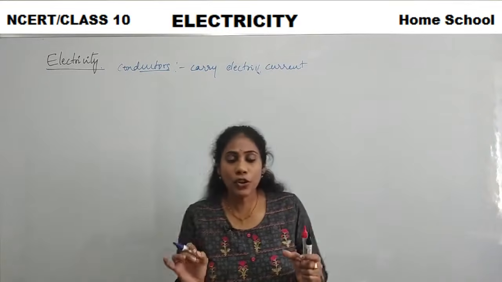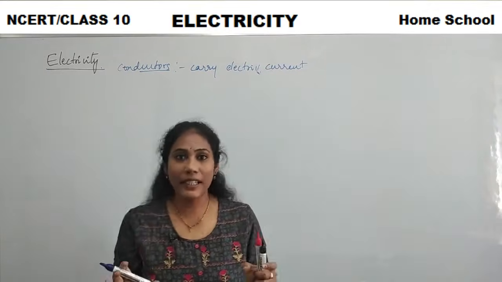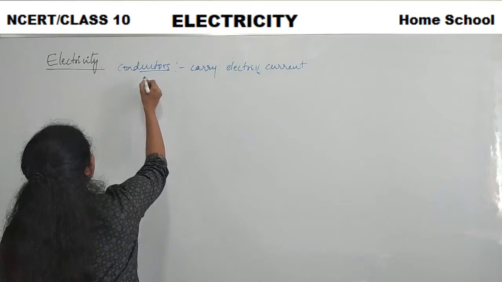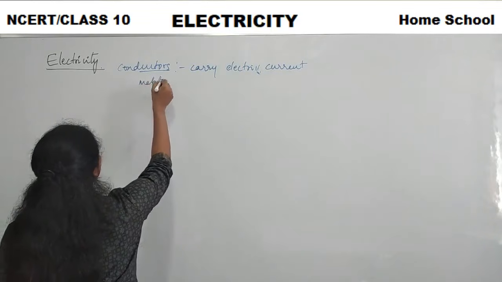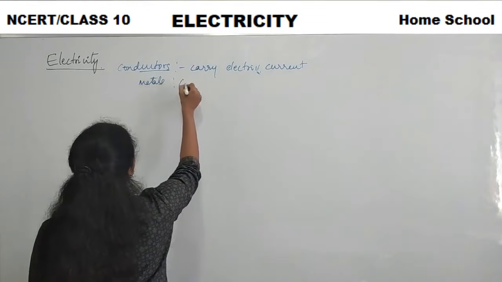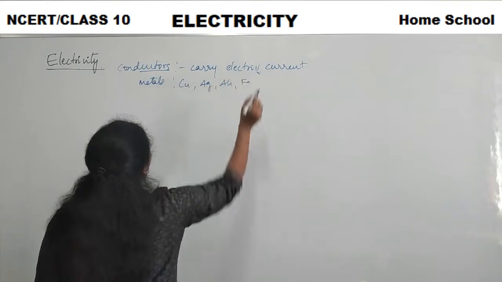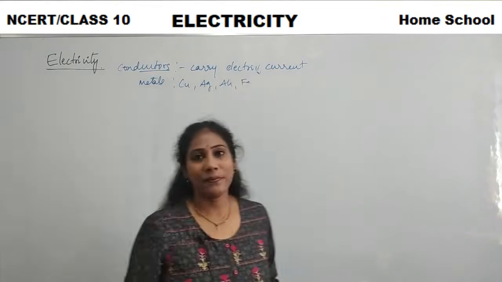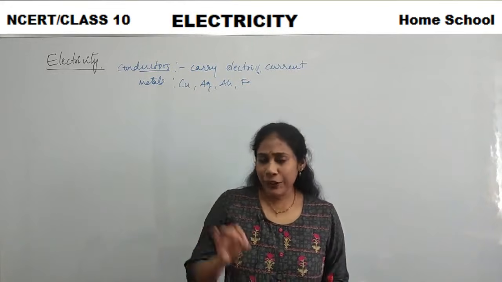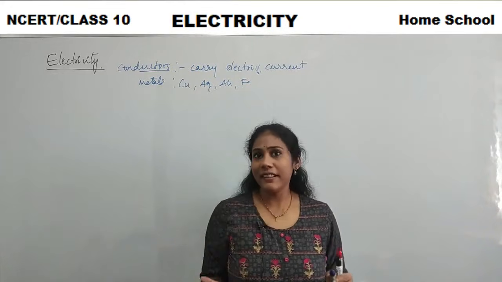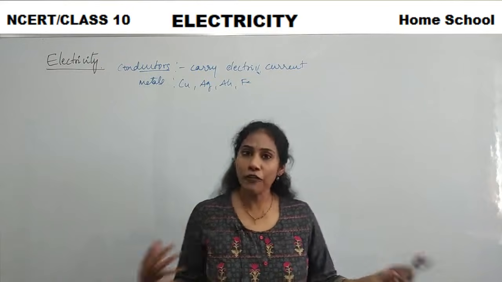The best examples of conductors are metals, like copper, silver, aluminium, iron. All these are conductors. I told you electric current is nothing but the flow of electrons.